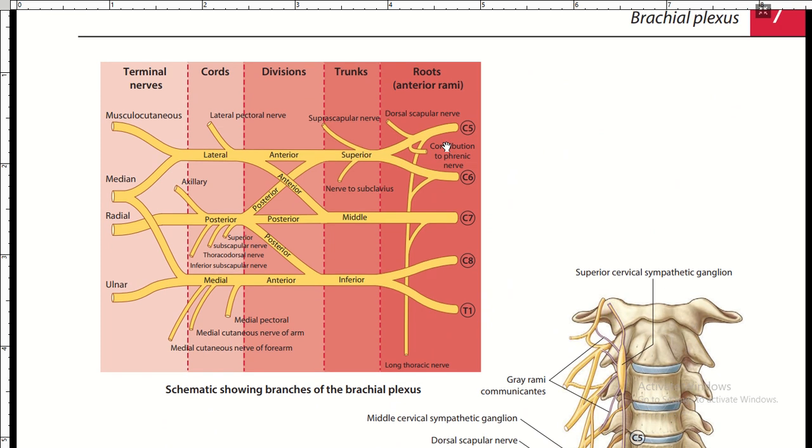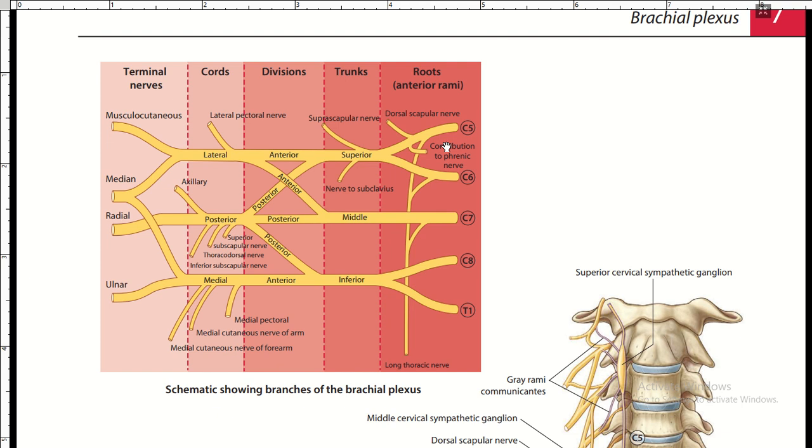Let me just get into some clinical correlates of the brachial plexus. You can have a lesion of the upper trunk that will result in what you call policeman's tip, or Erb's palsy, or a waiter's tip.